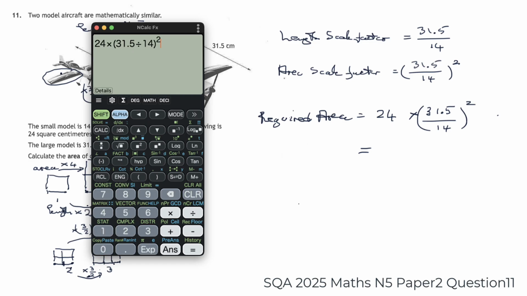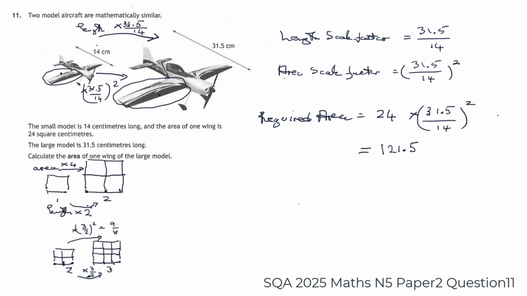And what does that equal? 121.5. So the question says calculate the area of one wing on the large model. So the required area is 121.5. Measurements of length were centimetres. Area will be square centimetres.